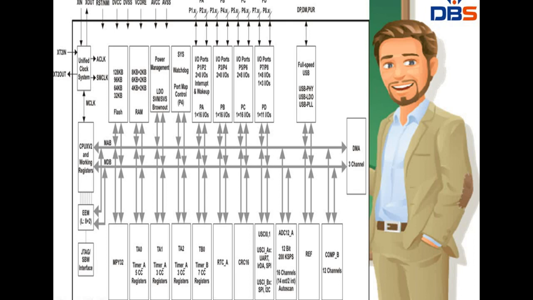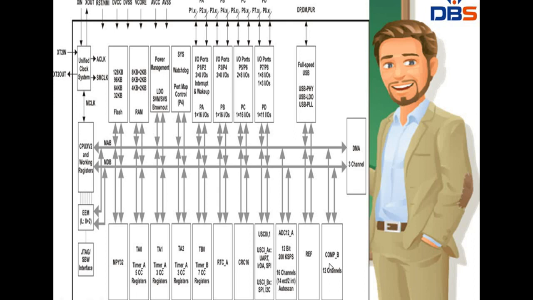It has 16 channels, of which 14 are external and 2 are internal channels, and it also consists of 200 KSPS, that means kilo samples per second, an internal reference, and also an auto scan interface. These are the features which are present in the ADC12A, that means the analog to digital converter block.